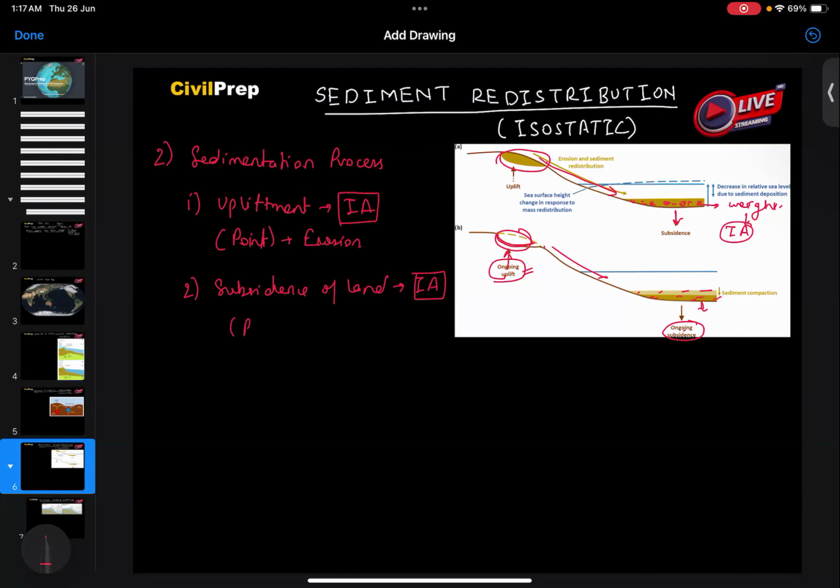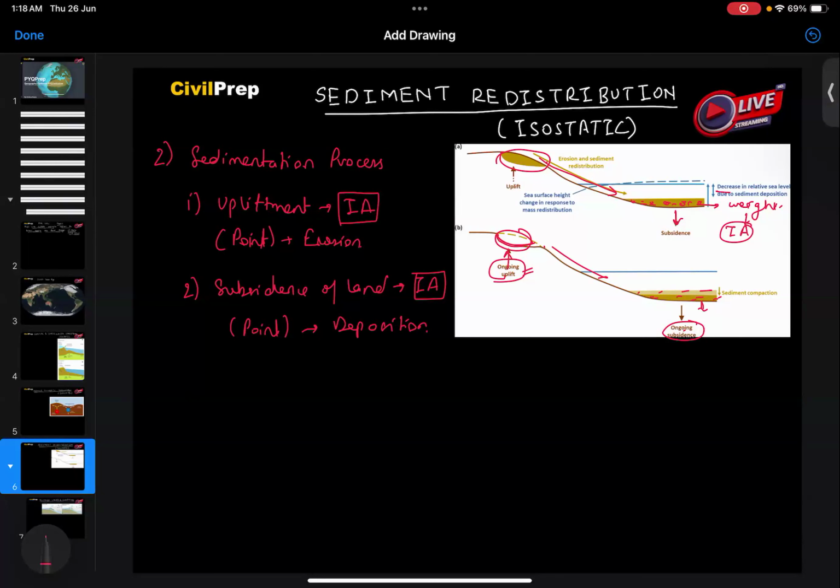And here, it is happening because of deposition of sediments. Okay, it is happening because of the deposition of sediments here. So because of this, sea level rise and sea level fall is taking place in this region.